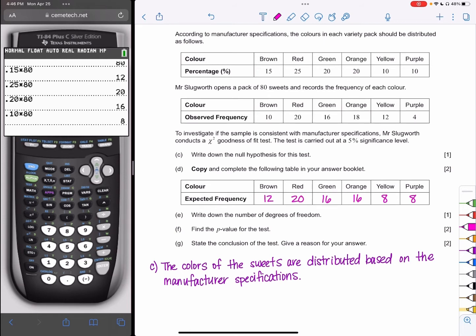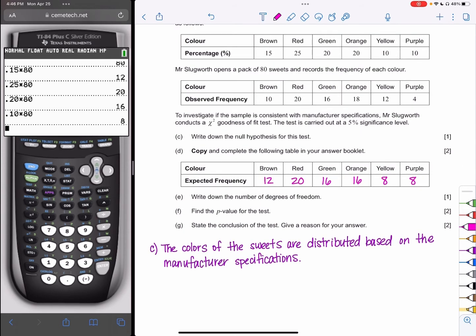So now part E, it says we need to write down the number of degrees of freedom. So remember, your degrees of freedom is equal to the number of categories minus 1. We have 6 different colors, so that's 6 categories minus 1.